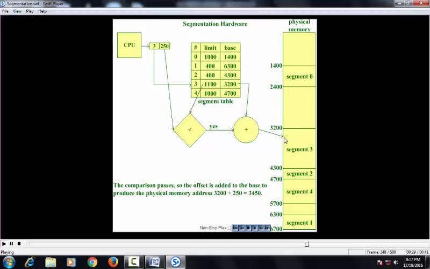Now it will be situated somewhere else. We are talking about segment number 3 and we are interested in loading or accessing location 3450. So we will go to that location and load the line into the primary memory, or we can access it, depending on whether the user is interested in reading that particular line or writing on that line.